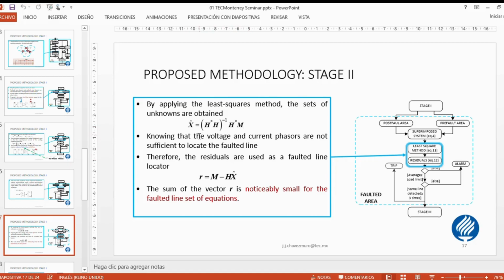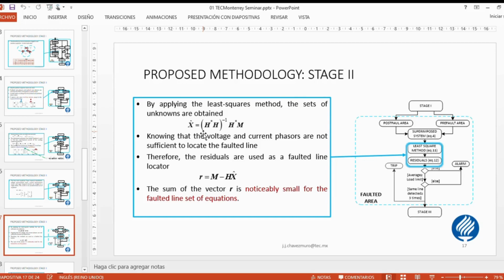We obtain the unknown values, and then we look for the residuals of the methodology, and the sum of all the vector of residuals will be noticeably small for a faulted line set of equations.